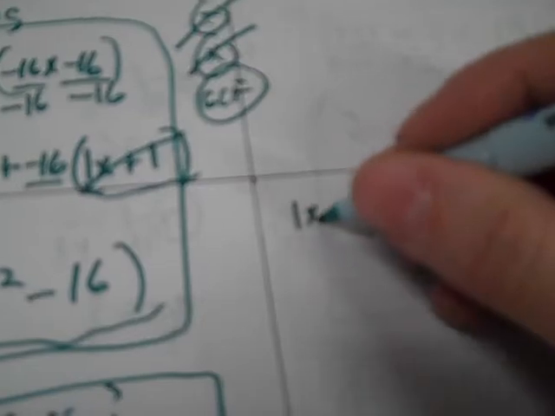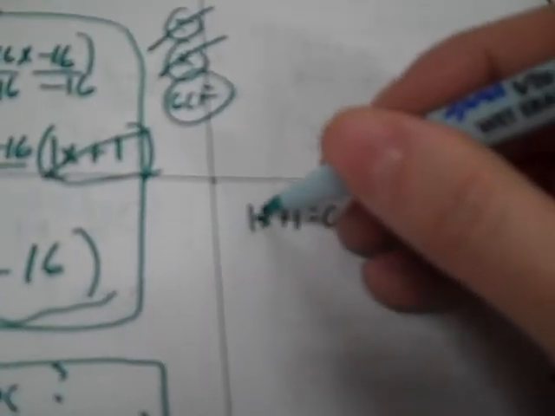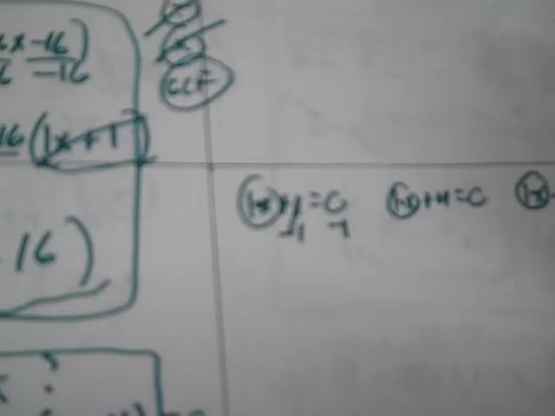Okay, so 1x plus 1 equals 0. 1x plus 4 equals 0. 1x minus 4 equals 0. So minus 1. 0 minus 1 is negative 1. Divide by 1.